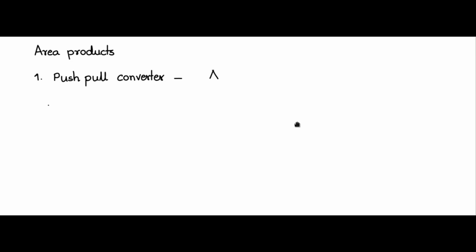Using the generic area product equation, we can find out the area product of the push-pull. I will give you the final derived formula for the push-pull converter. Area product is equal to root 2 P naught (1 + 1/efficiency).